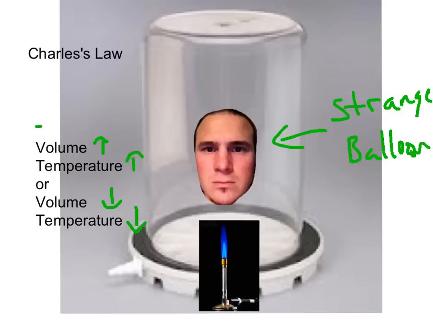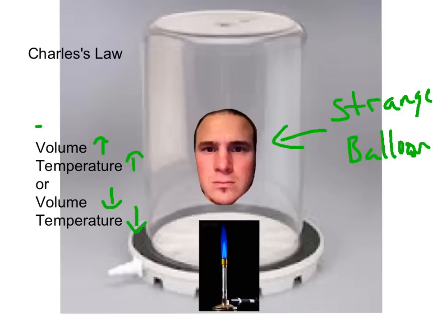So here our creepy balloon is back. There we have our strange Mr. Maxwell face balloon again. And with Charles's law, we're going to increase temperature or decrease temperature, and volume will respond in the same way. And again, if you remember what temperature is, it is the average speed of the particles.